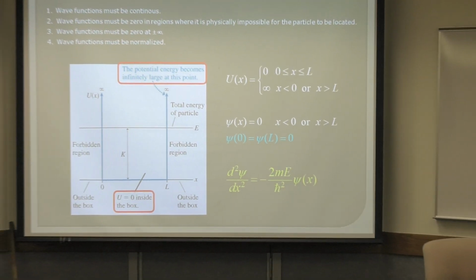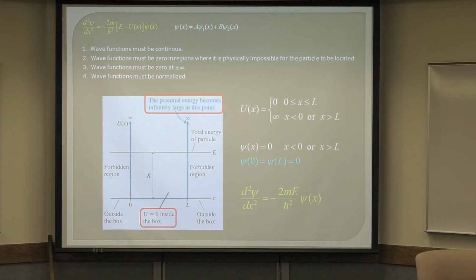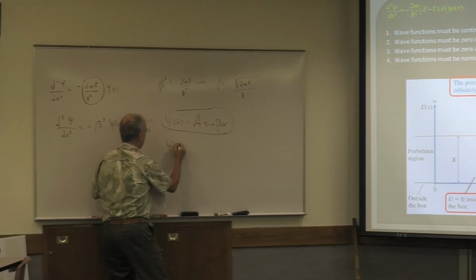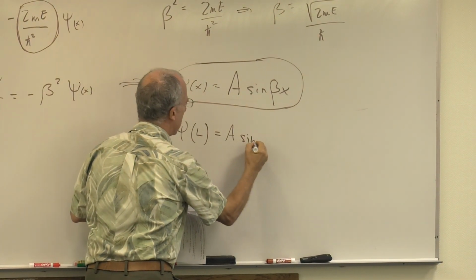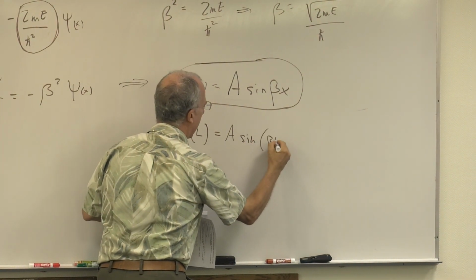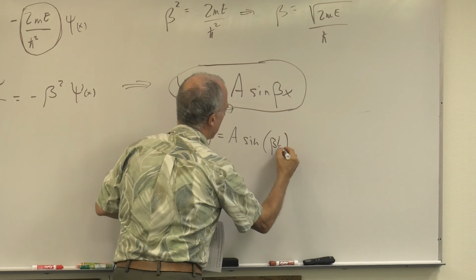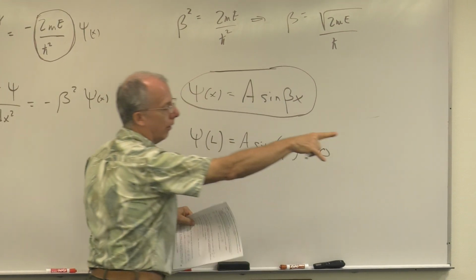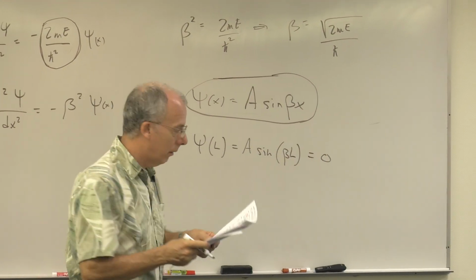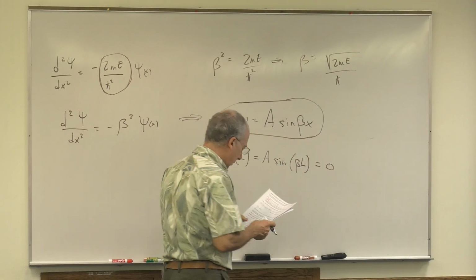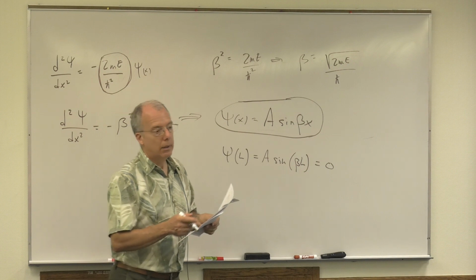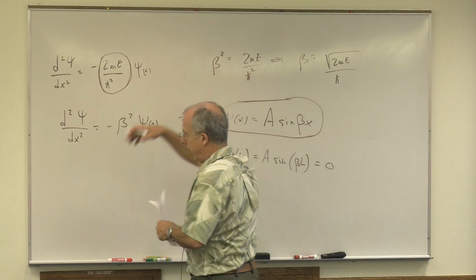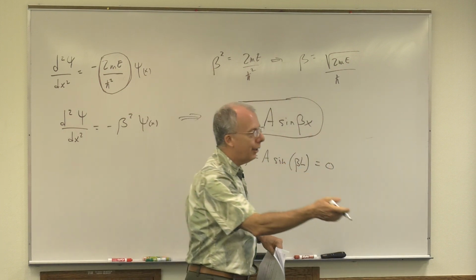And some of you may have never seen this, so pay attention. So psi at x equals L equals A sine beta L. And again, that has to be 0, right? That's the boundary condition. Well, where is sine equal to 0? 0, pi, 2 pi, 3 pi, right?